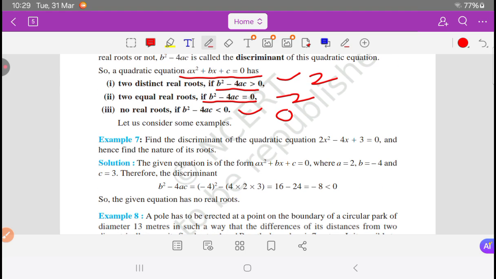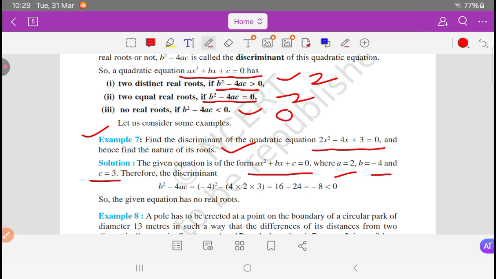So let us find the discriminant for the given equation 2x square minus 4x plus 3 equals 0 and find the nature of the roots. So the given equation looks like ax square plus bx plus c, where a equal to 2, b equal to minus 4, c equal to 3.